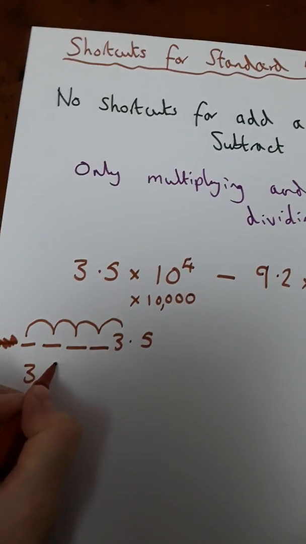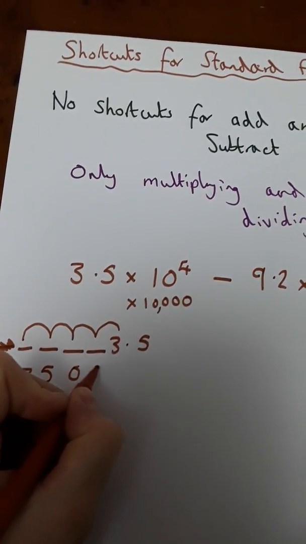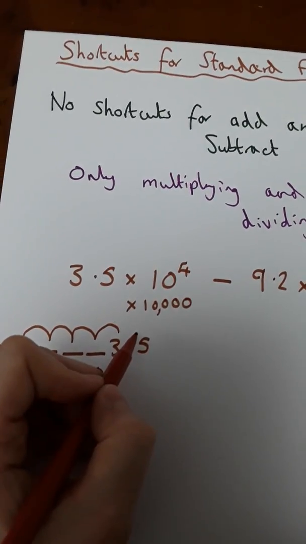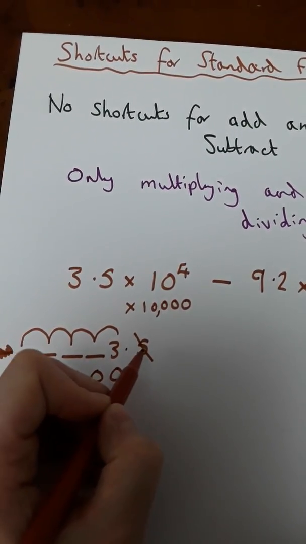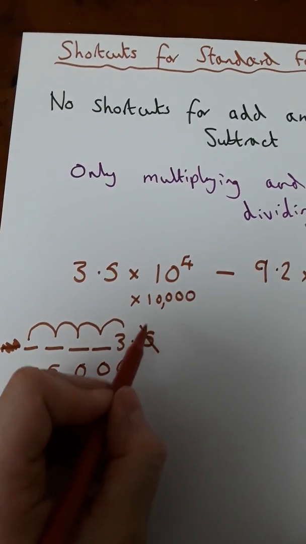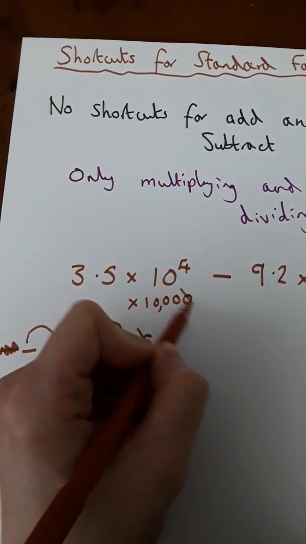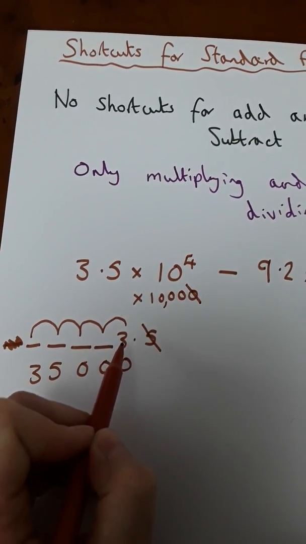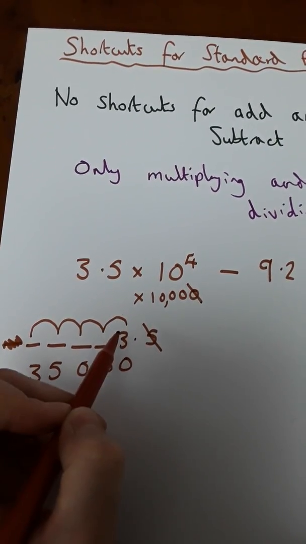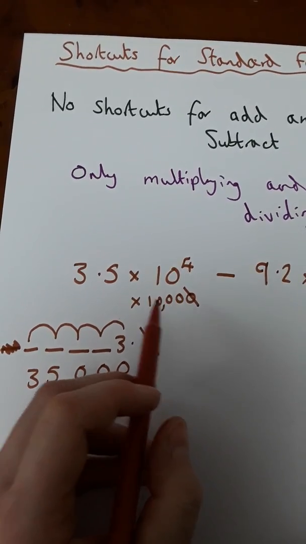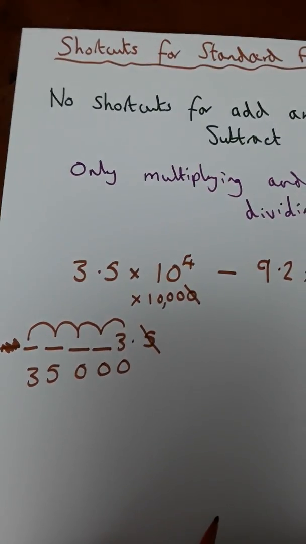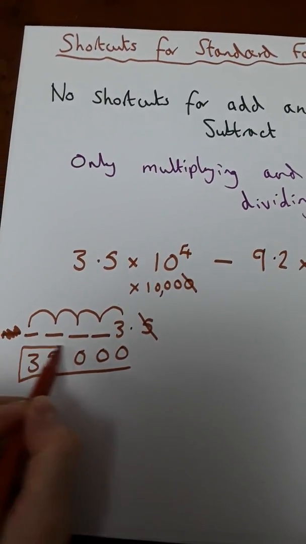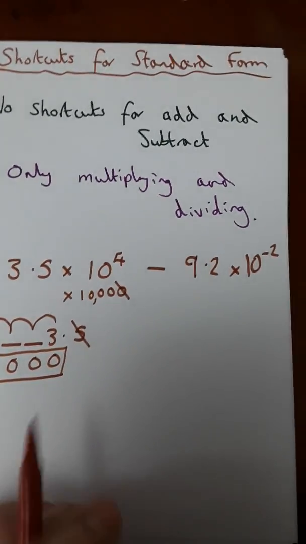So I have 3, the 5 is going to follow, and then I have to fill in the 1, 2, 3 gaps behind it. Notice that the 5 here, because it's not on the whole side, it's on the tenths side, cancels one of these 10s to move it over into the whole side into a unit, and then I've got 3 zeros left to add on the end. So I know now that I've got part of it calculated.